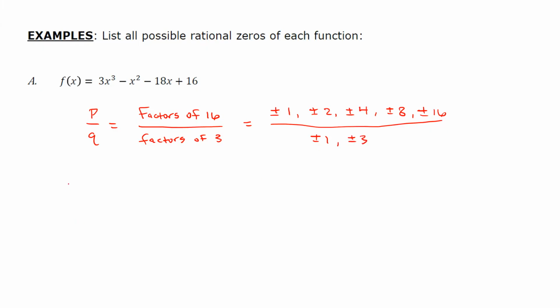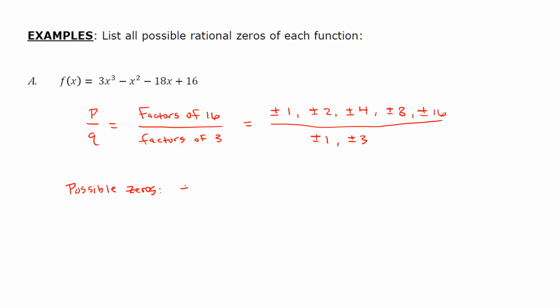Okay. So our possible zeros will be all of the combinations that we get when we pair a value in the numerator with a value in the denominator. In other words, I'm going to take all of the values in the numerator and I'm going to divide it by the first value in the denominator, which is 1. So 1 divided by 1, 2 divided by 1, 4 divided by 1, 8 divided by 1, and 16 divided by 1.